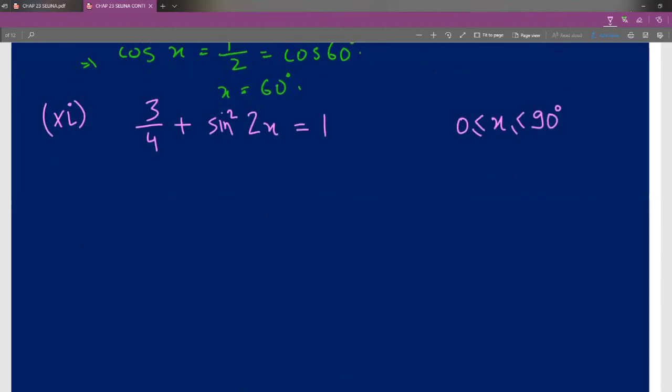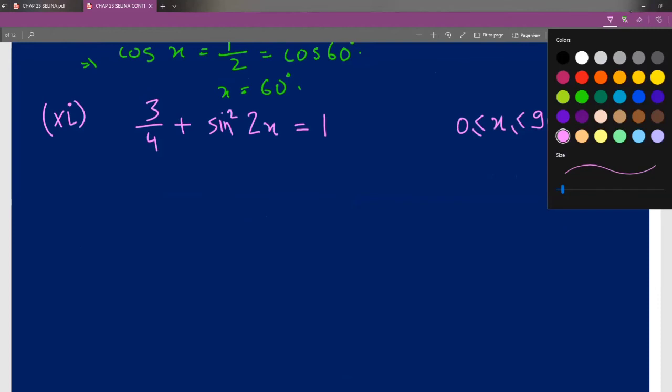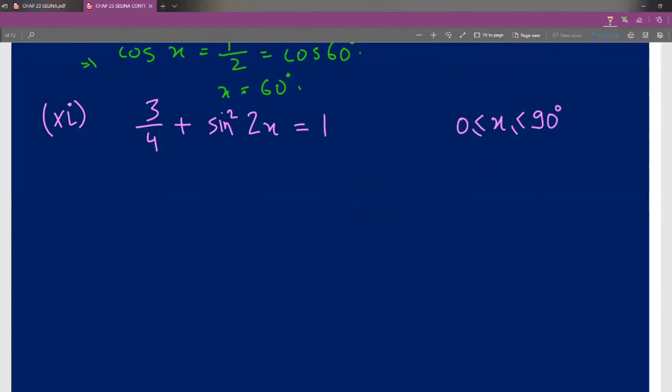And now over here, the same logic is applicable. So 3 upon 4 plus sine square 2x is equal to 1. So I can write this as sine square 2x is equal to 1 minus 3 upon 4.